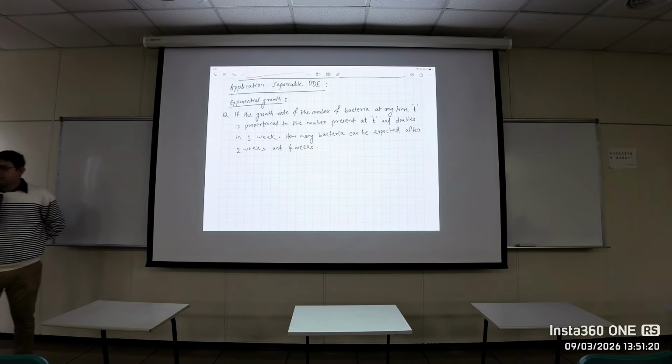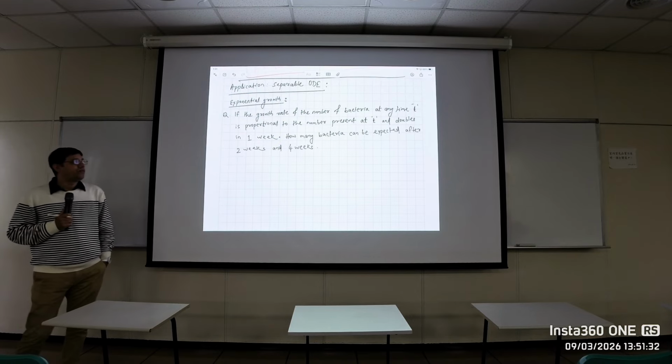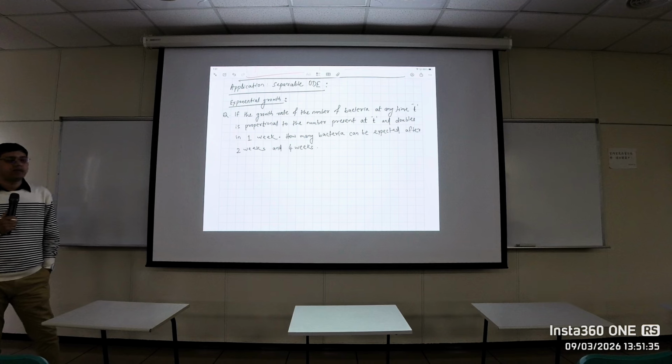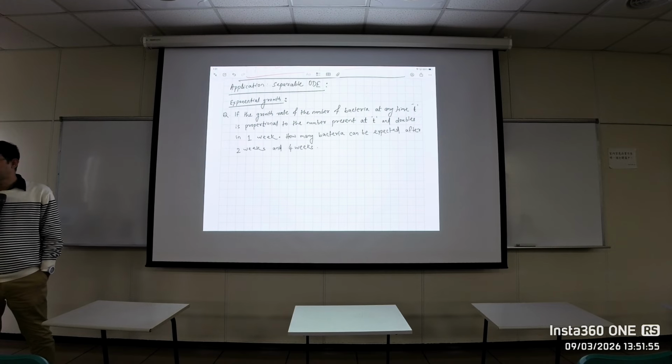First write it down and read it once completely. Then we will discuss. If the growth rate of the number of bacteria at any time t is proportional to the number present at t and doubles in 1 week, how many bacteria can be expected after 2 weeks and 4 weeks?